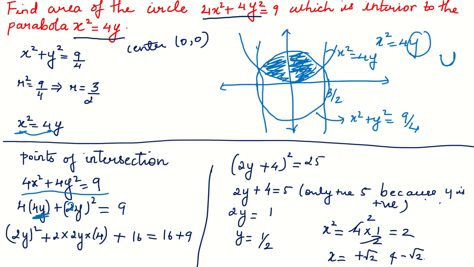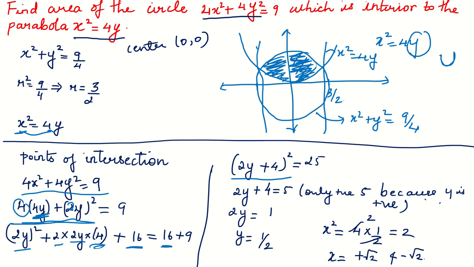Now what I am doing is basically trying to form a perfect square on the left hand side. So I have 2y square plus 2 into 2y, which is my total 4y, into this 4, original. But to make it a perfect square I have added 16, and if I've added 16 on the right, I added 16 on the left also. So I get this as my perfect square.